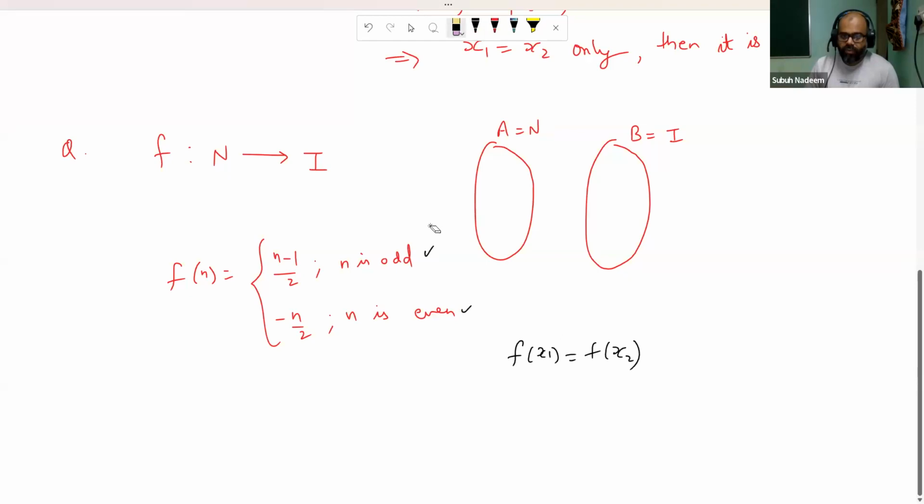Then we will have to make cases. There will be 4 cases: x1 is even, x2 is even; x1 is odd, x2 is odd; x1 is even, x2 is odd; x1 is odd, x2 is even. So this will be quite lengthy.